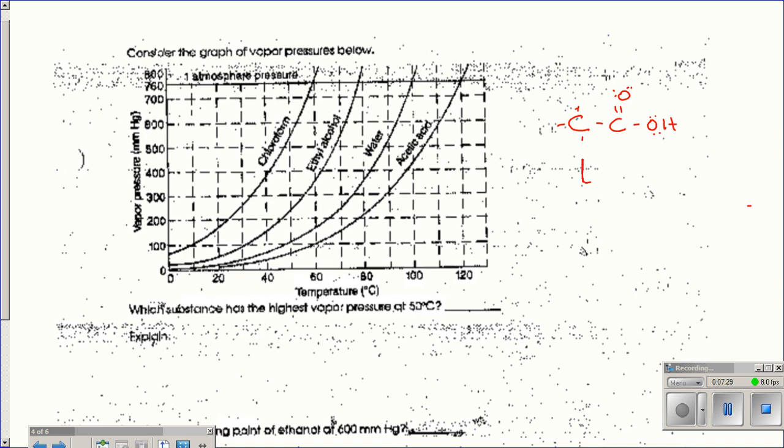Water, of course, is H2O. Ethanol is an alcohol, CH3CH2OH. Chloroform is CHCl3.